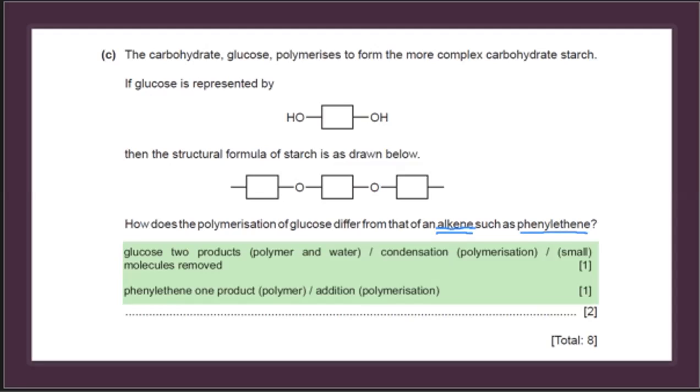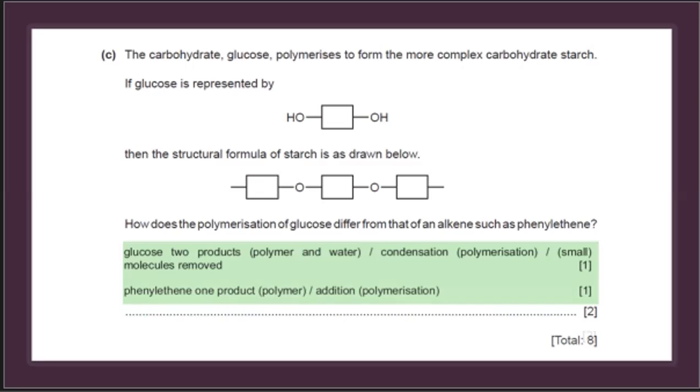Now, glucose, 2 units of it produces a polymer and water, right? This happens via a condensation reaction. So we have condensation polymerization taking place here because the water is being removed. However, with phenylethene, one product is formed, and that's from an addition polymer.